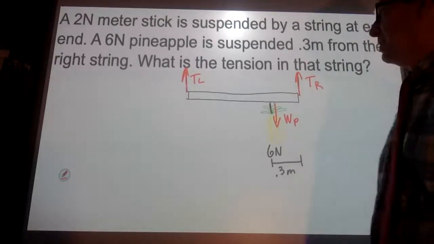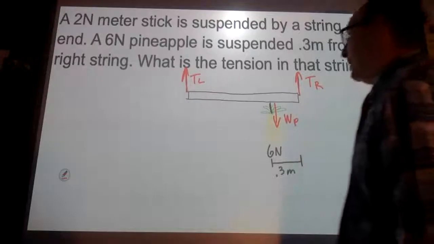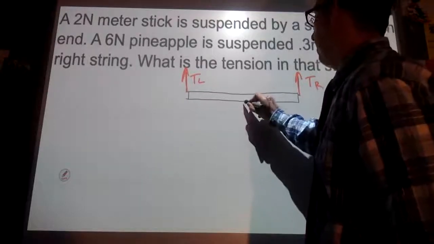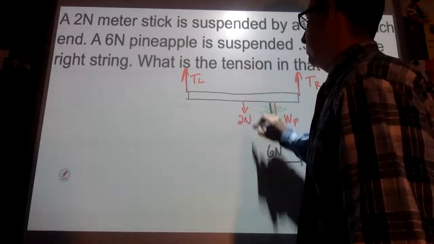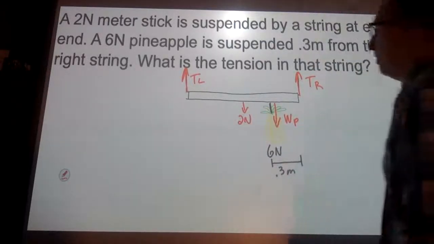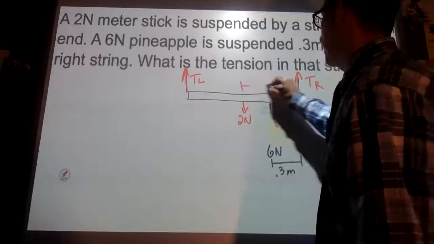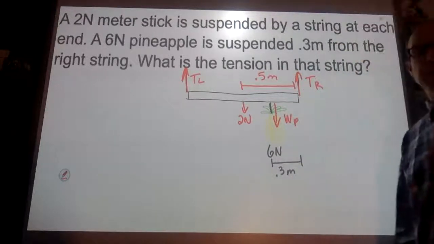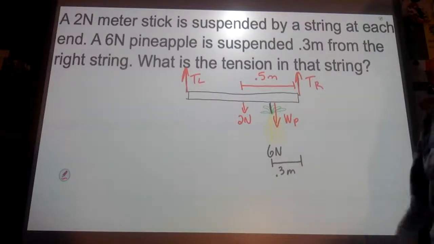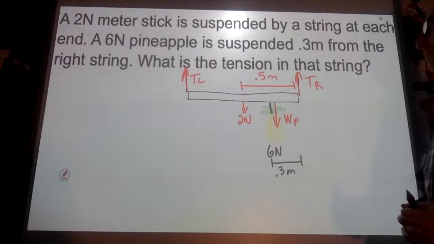Where is the weight of the meter stick going to be concentrated? In the middle. So at the 50 centimeter mark, I'm going to have 2 newtons. And that's going to be 0.5 meters from either string. I'm going to assume that my meter stick is uniform.